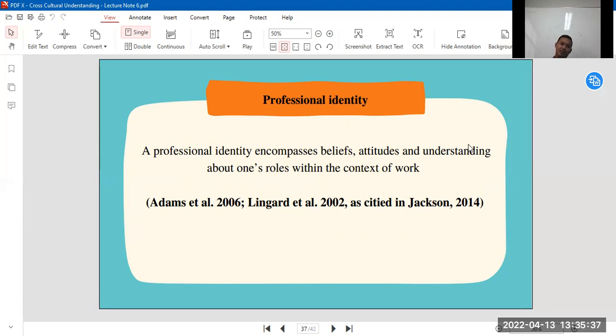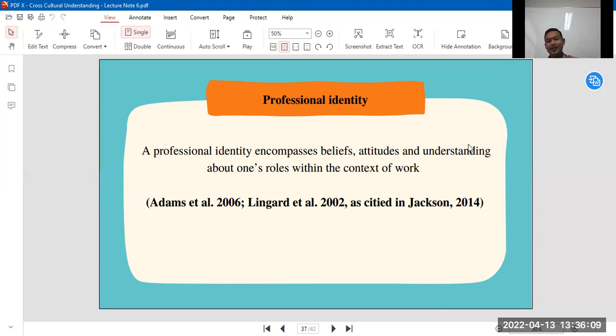Professional identity formation refers to how individuals develop a sense of what it means to be a member of a particular profession, and how this identity distinguishes them from other professional groups. There will be certain languages that are only applicable in a particular culture or particular group of jobs.